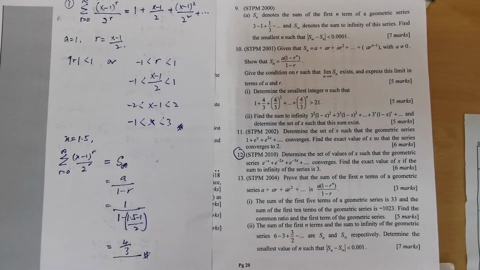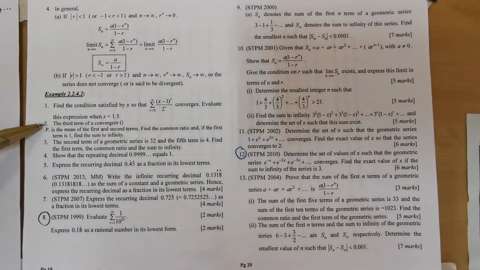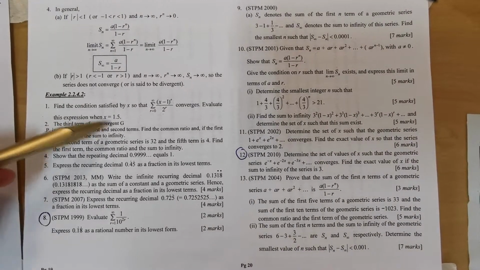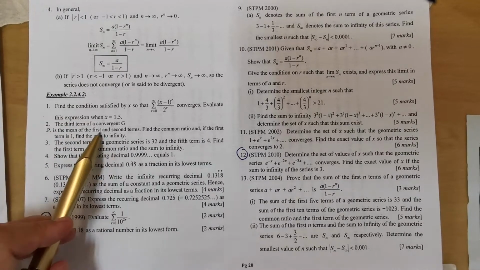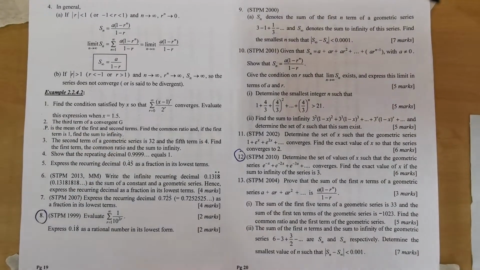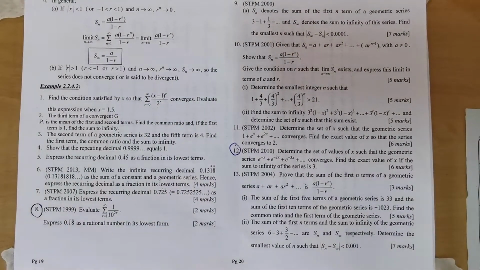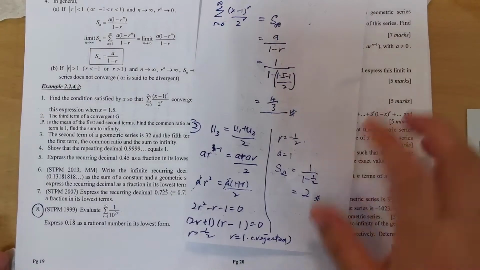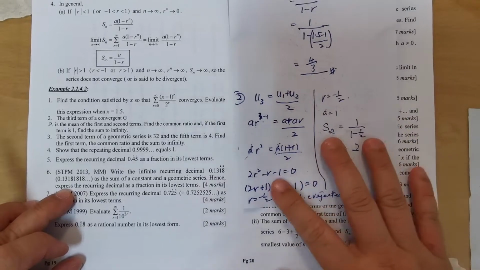Okay, question 2. The question says, the third term of a convergent geometric progression is the mean of the first and second terms. Let's put it this way.